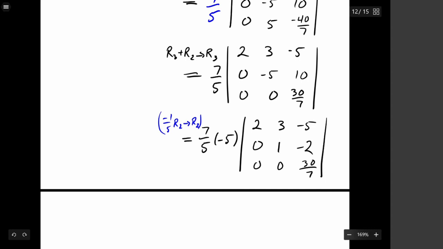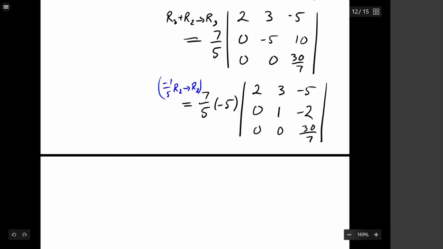Right? That's exactly what's happened here. And again, that -1/5 just comes out here as the reciprocal, so -5. Anyway, I just wanted to show you that's another option you have. You can factor constants out of a single row.